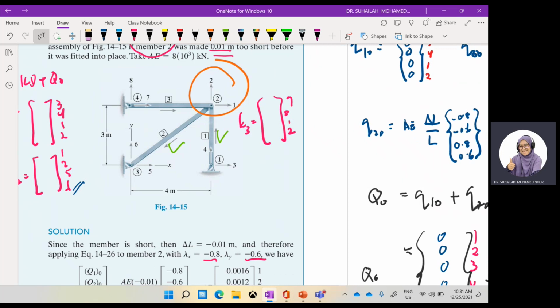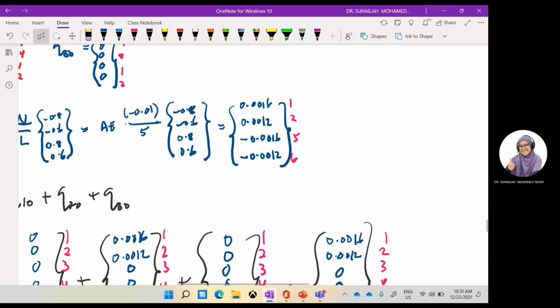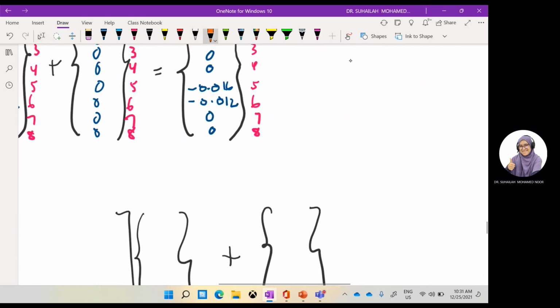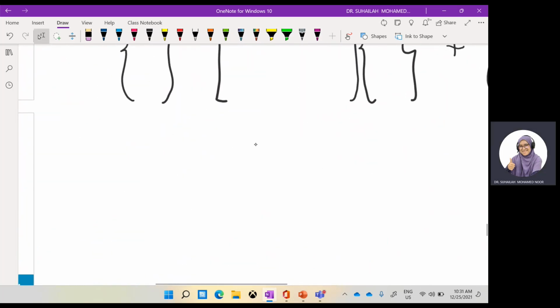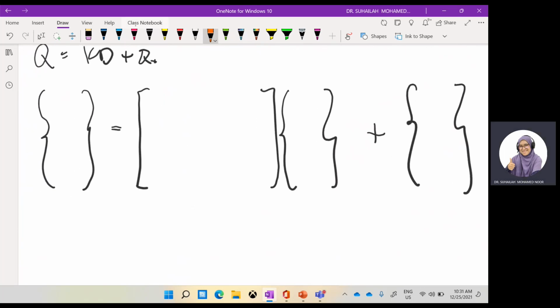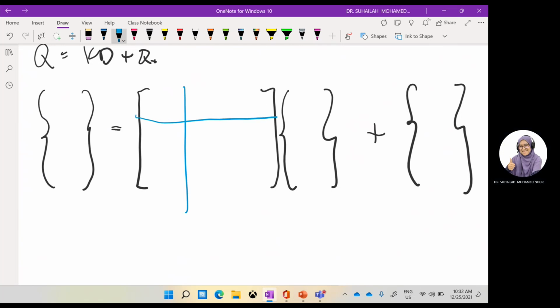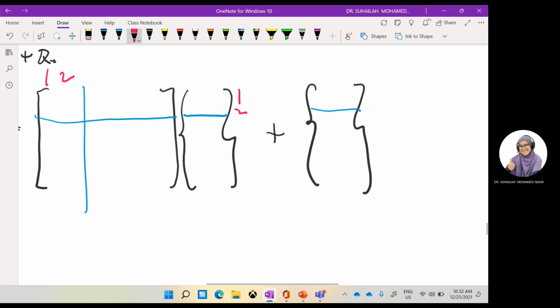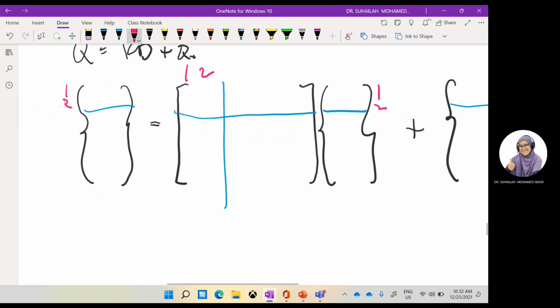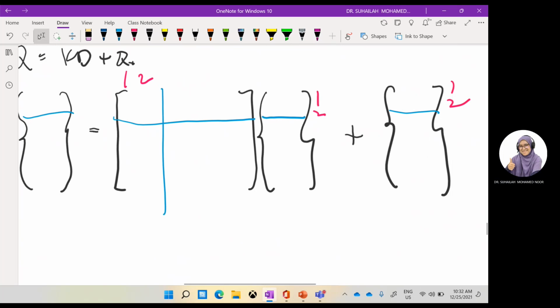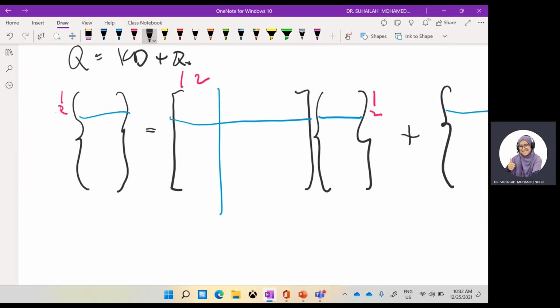There's no Q value here. So we just need to consider this, up to 2 only. Okay, so we just need to consider like this.